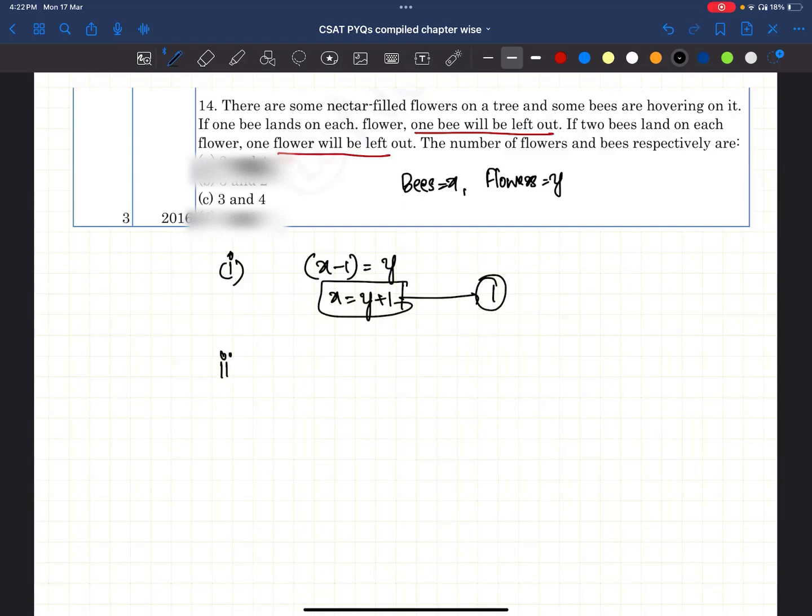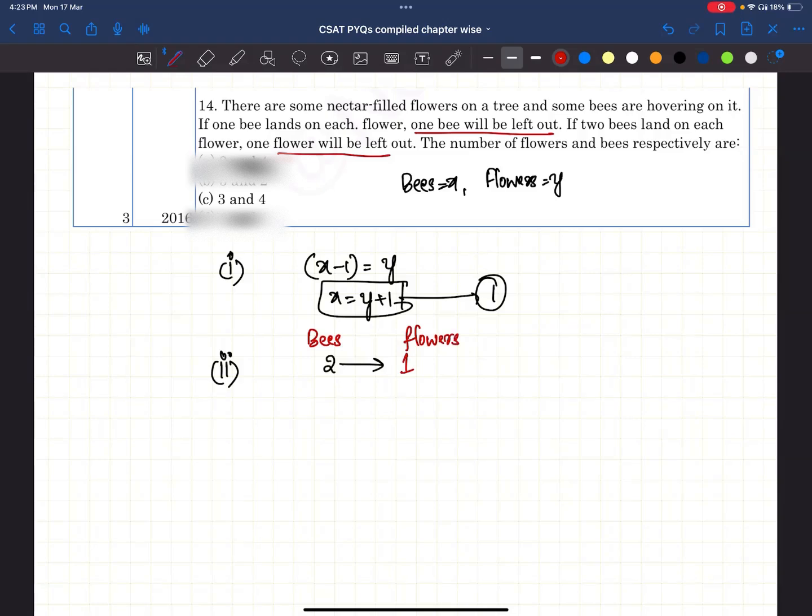Now what is the second condition? If two bees land on each flower, one flower will be left out. That means two bees are sitting on one flower. These are bees, these are flowers.